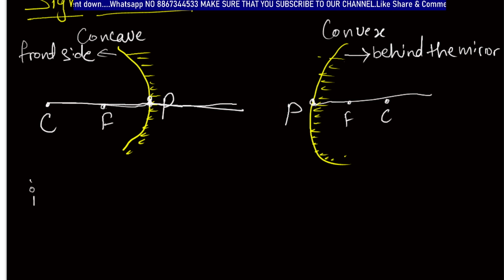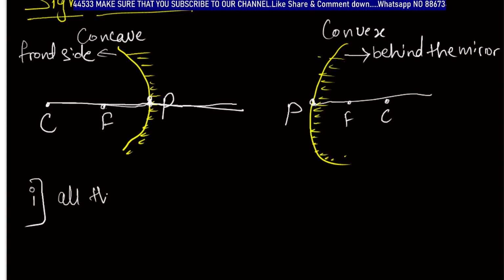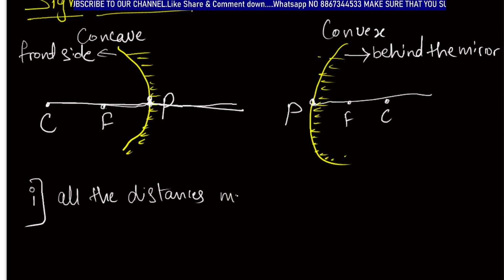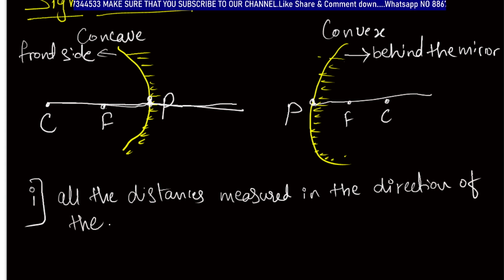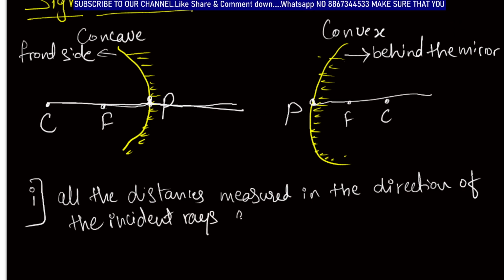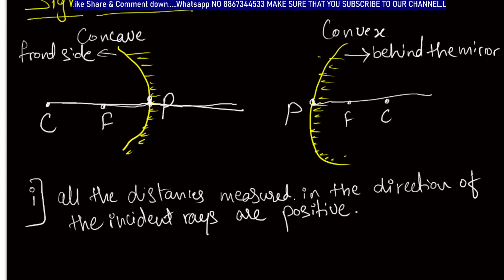So the first rule for the sign convention is that all the distances measured in the direction of the incident rays are positive.